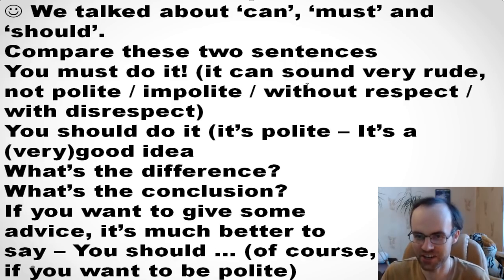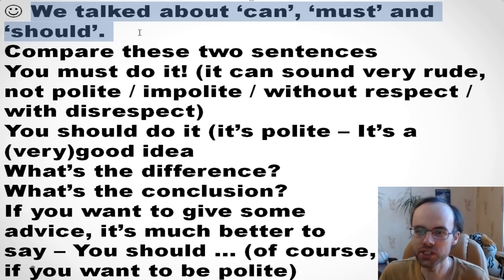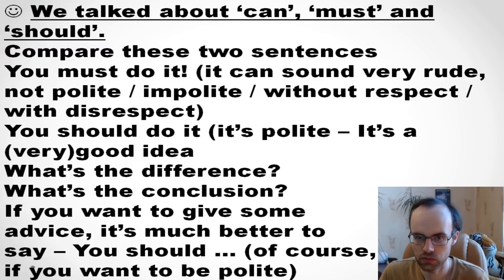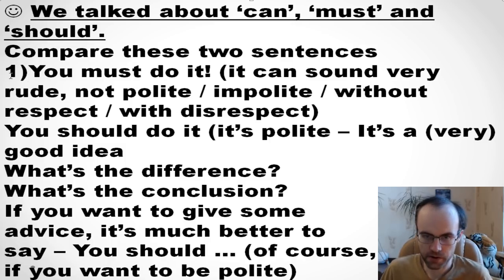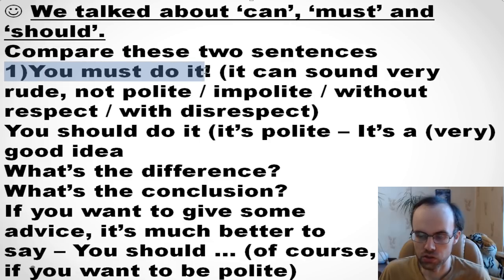Okay, my friends, very good. So we talked about can, must, and should. Compare these two sentences. First, you must do it. It can sound very rude, not polite, impolite, without respect, with disrespect.